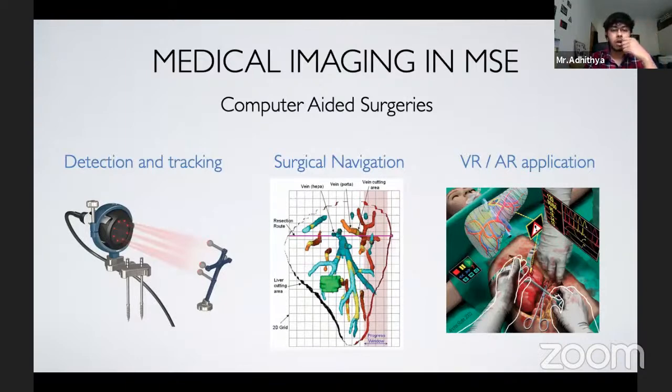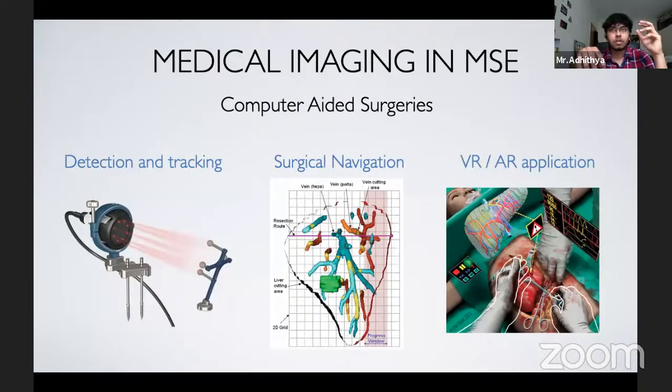Also, the equipment used to cut or resect the organs can be tracked using certain systems. If you see in the slide on the left side, you have an infrared system which emits an infrared source, and it also has an infrared camera.